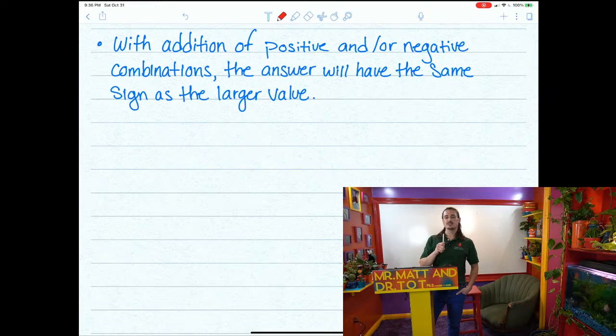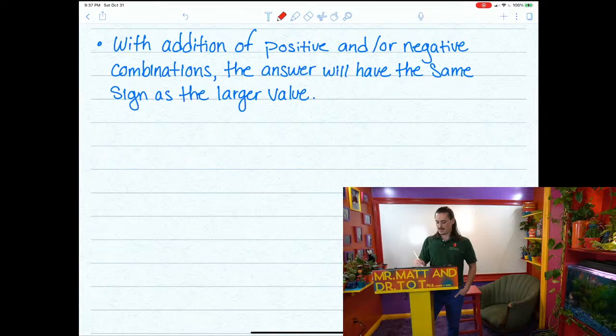Now that can get a little bit complex when you have multiple negatives, and in the next step I'm going to show you a really practical tool to simplify those complex double negative problems. But in general, if you're adding two values together and they're opposite signs, the result is going to take the sign of the value with the largest magnitude.